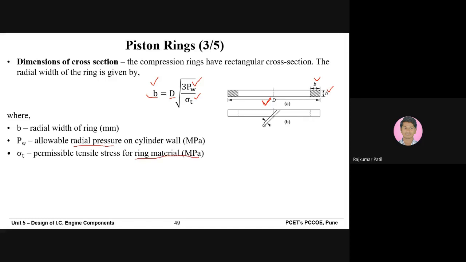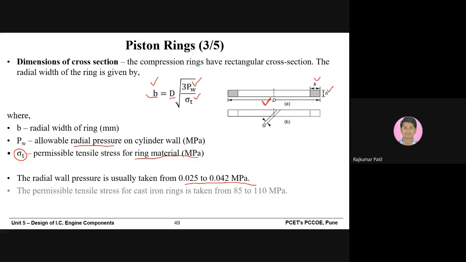So for a given material, you can easily find out the permissible tensile stress value. That is ultimate tensile strength upon factor of safety. If it is not given, then the radial wall pressure is usually taken from 0.025 to 0.042 megapascal.